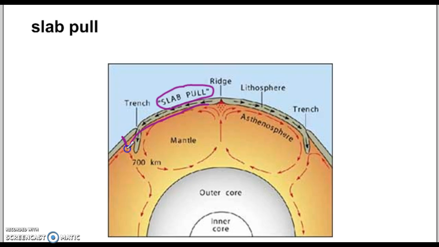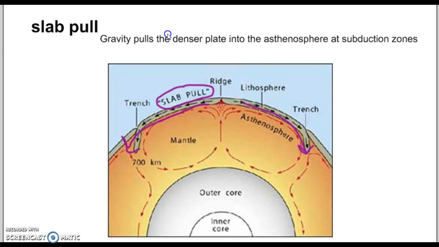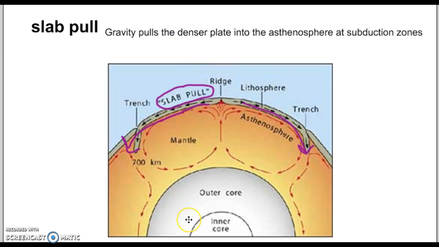And we know that that's called a subduction zone. So when the leading edge of the plate, meaning the edge that's going down into the subduction zone, is pulled by gravity into the asthenosphere at subduction zones, that force is called slab pull.